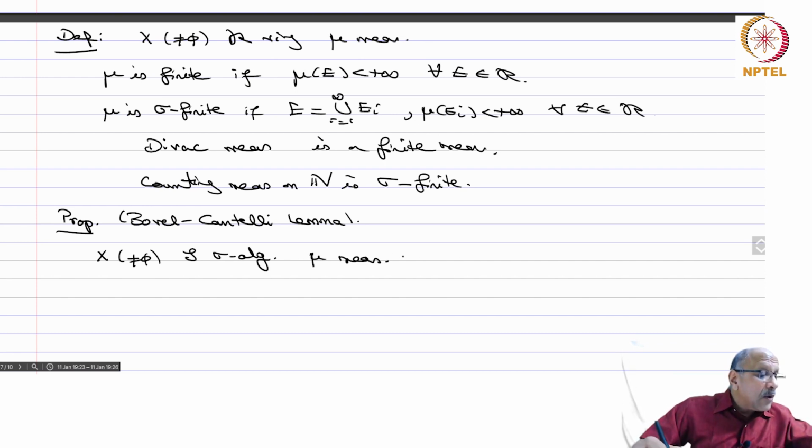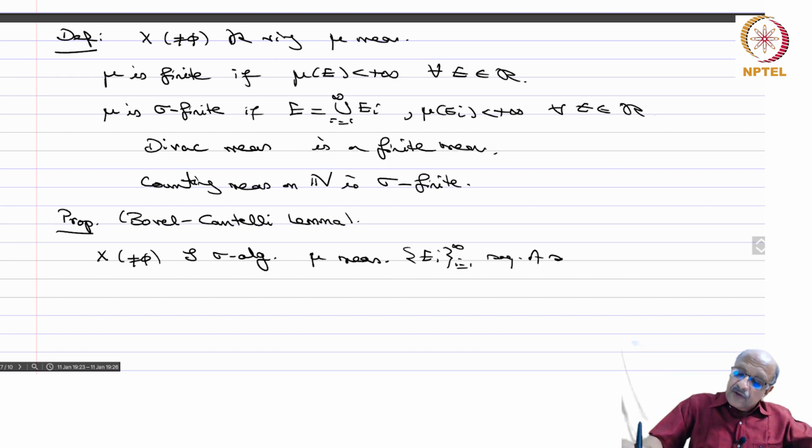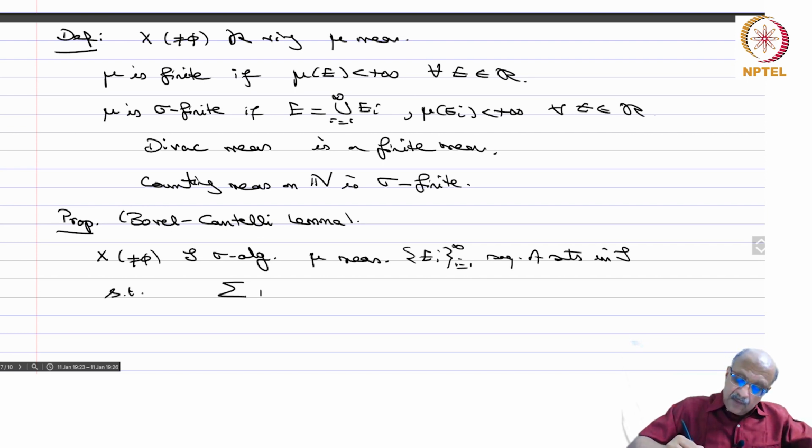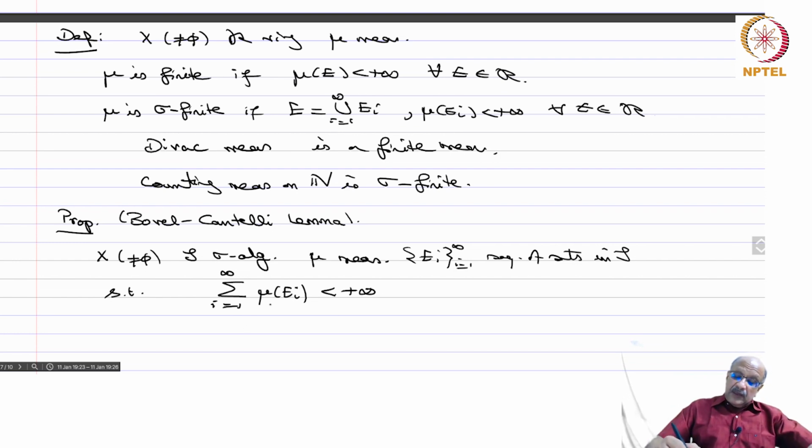Okay, now E_i, i equals 1 to infinity, a sequence of sets in S such that the sum of mu of E_i, i equals 1 to infinity, is finite. So the series consisting of the measured values is a convergent series.